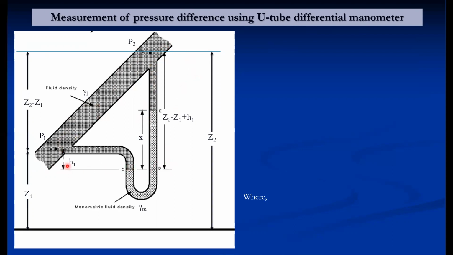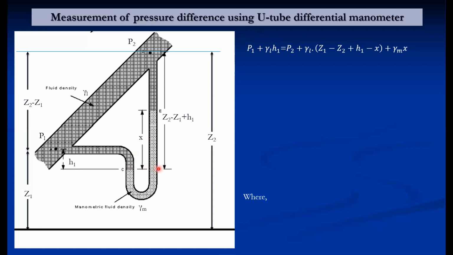So again, from the figure, we have to balance the pressures at C and D. The total pressure acting at this point is the pressure at this point, that is P1, plus the pressure exerted by this liquid column, whose vertical height is H1 and specific weight is gamma L, so gamma L into H1. This is the total pressure on the left limb.